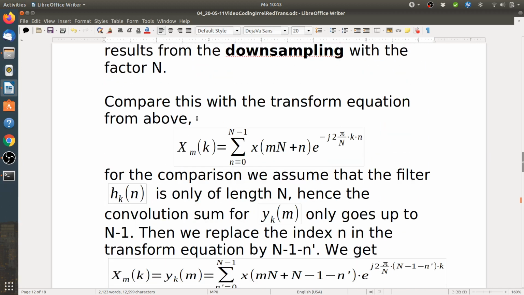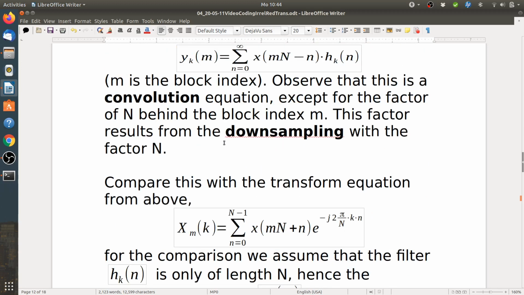Now we can compare this with the transform equation above. So here we have both on the screen. This is our critically sampled filter bank, and this is our transform for the blocks. And you see it's actually quite similar, right? We have an M on the left hand side, we have a K, the notation is somewhat different, but basically the output is the same.